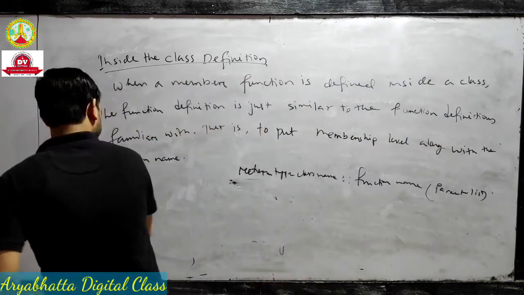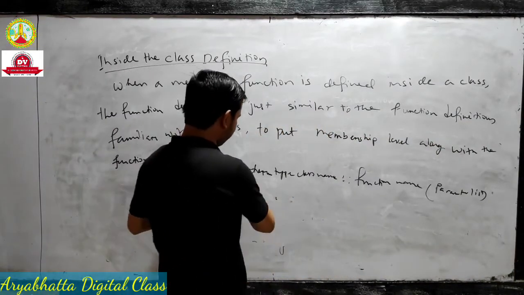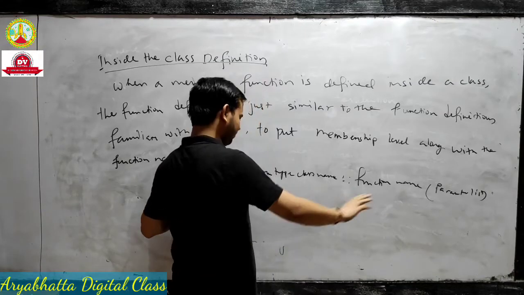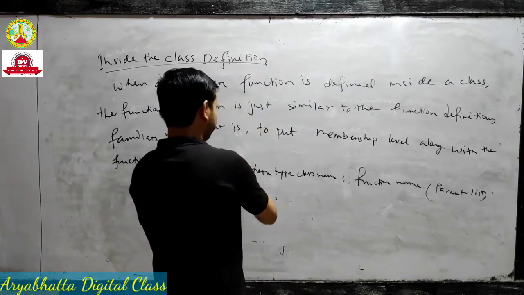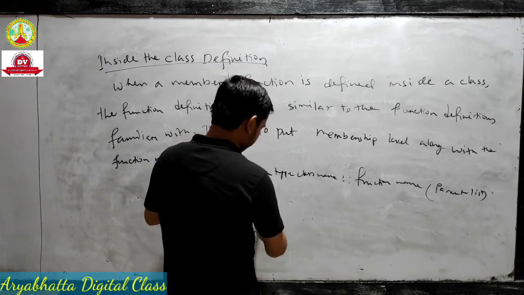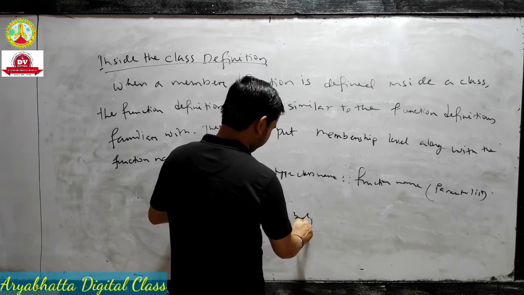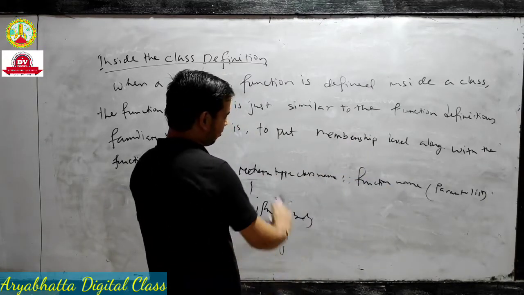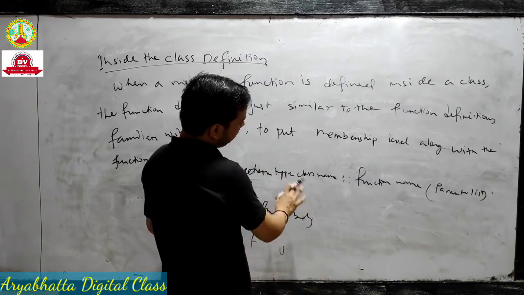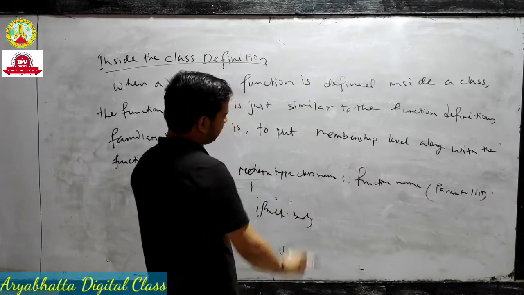I am roughly writing this line because I already wrote this line earlier. Return type, class name, function name, parameter list. Okay. This function body. Means this form I write outside the class, and this form again inside the class.